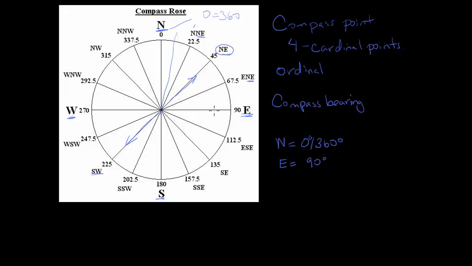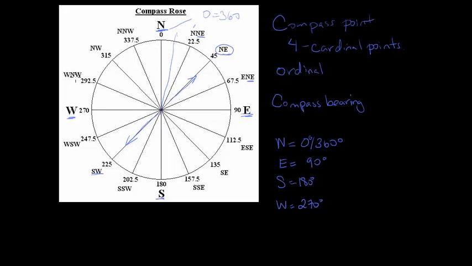And then around from north down to south, we come to 180 degrees. And then up from south to west to 270 degrees. And then we can go right back up to north, which would be 360 if we wanted to go all the way around the rose. But we'll just call it 0 just to make it simpler.